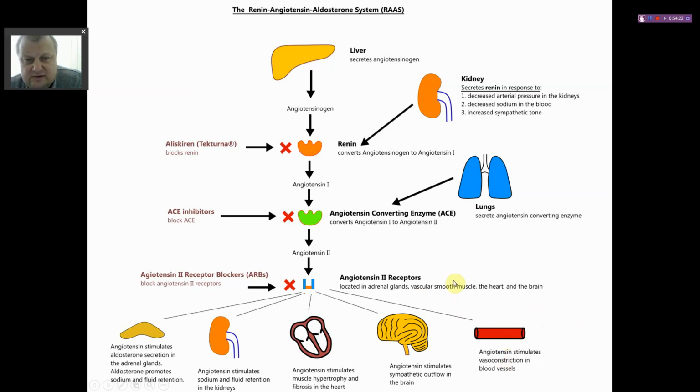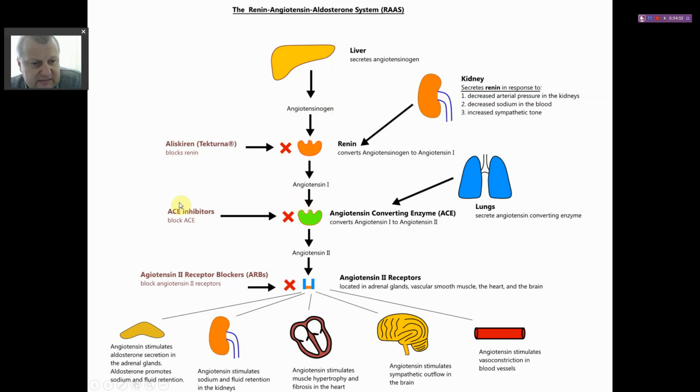And also you could see the names of some inhibitors of these enzymes. For example, aliskiren or Tekturna blocks renin, and it means this renin couldn't convert angiotensinogen to angiotensin 1, and it could be used for hypertensive patients.